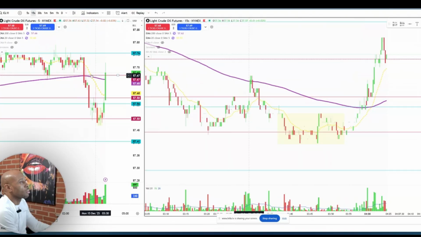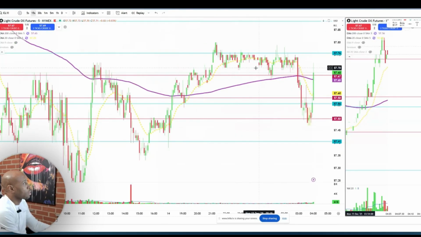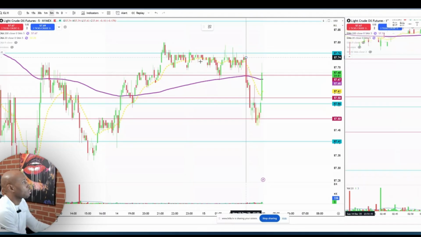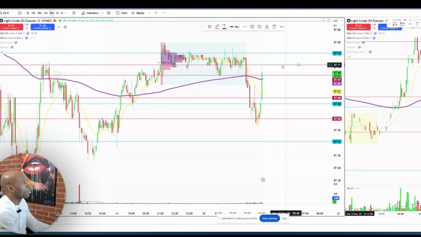So this here is a consolidation area. I'm looking for this consolidation area to possibly be a resistance area too. If you look on a 5-minute chart, this area, consolidation. So this is the fixed volume profile.